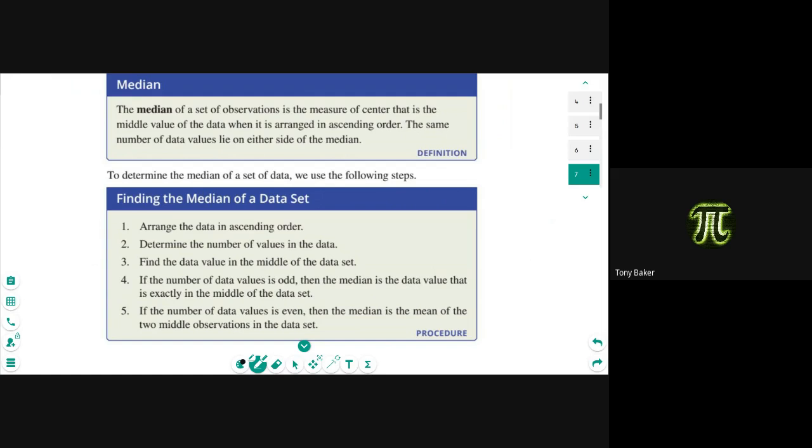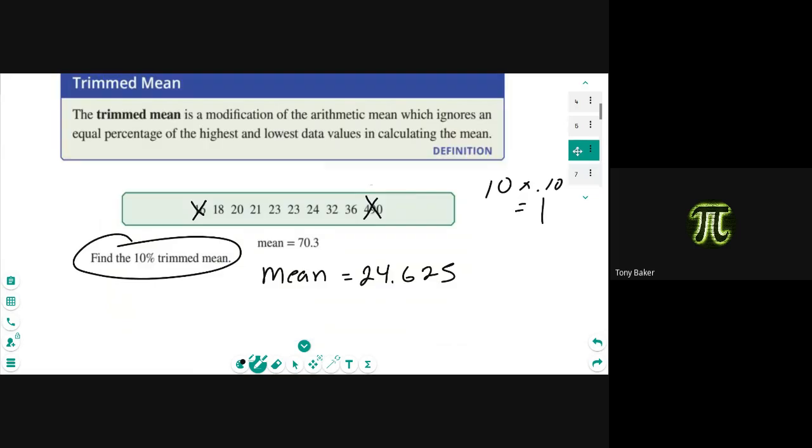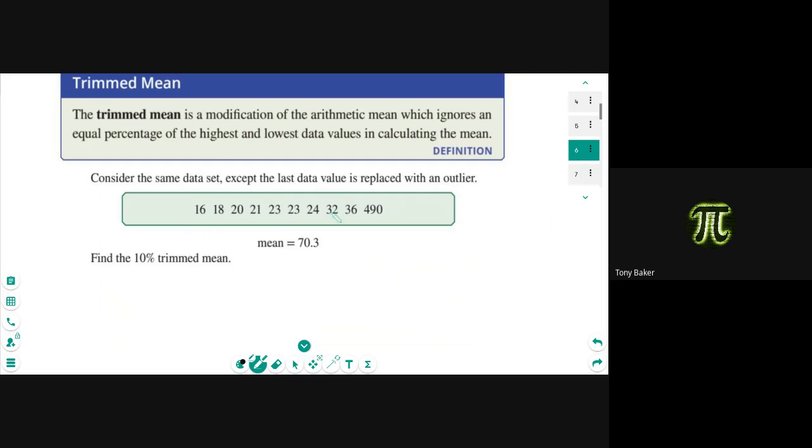Unlike mean, so like we're looking at this piece here, that mean was 70.3 because of that 490. If I'm looking for the middle number, it's going to be 23. That more accurately represents that data than the 70.3 does.